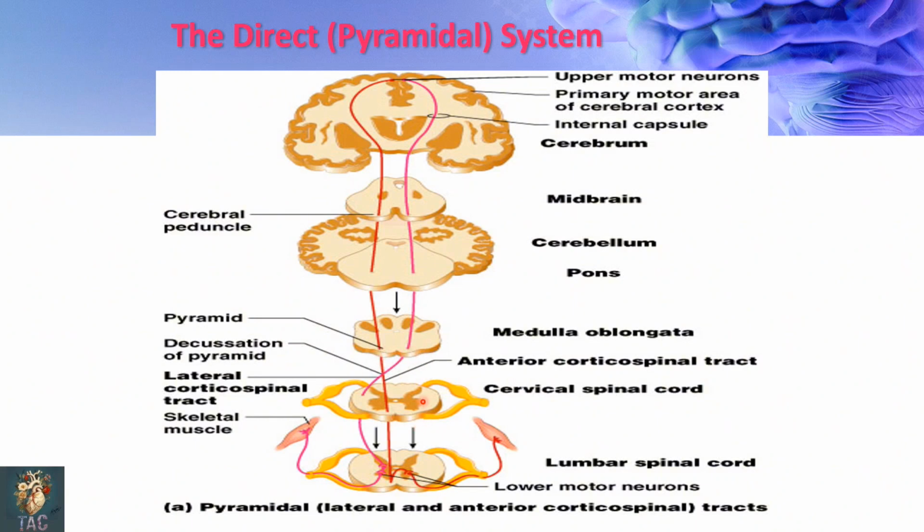At the medullary spinal junction they cross to the opposite side and descend as the lateral corticospinal tract, and the ones which do not cross descend as the anterior corticospinal tract, which then crosses in the anterior commissure to the opposite side. The fibers relay in anterior horn cells whose axons go through the spinal nerve to the effector organs. So this is basically the direct or pyramidal system.